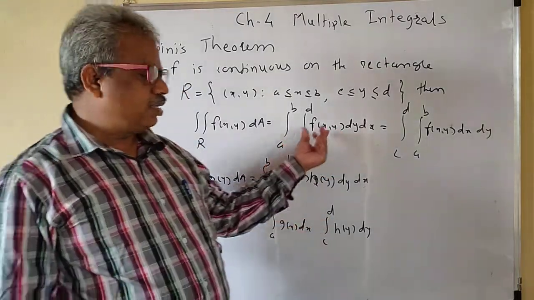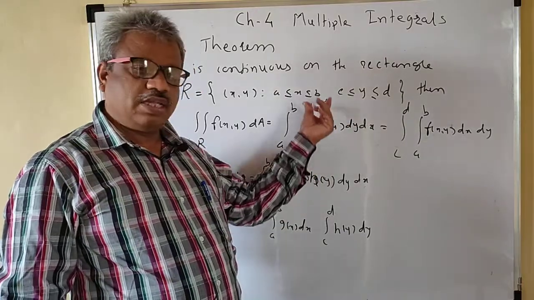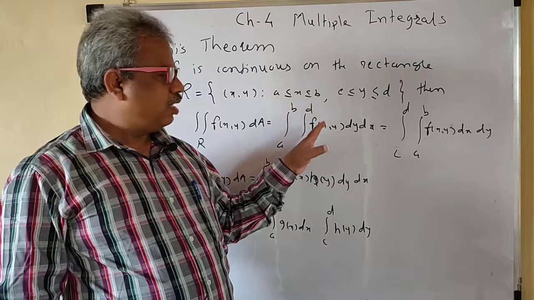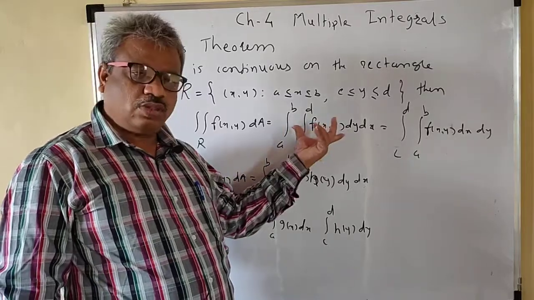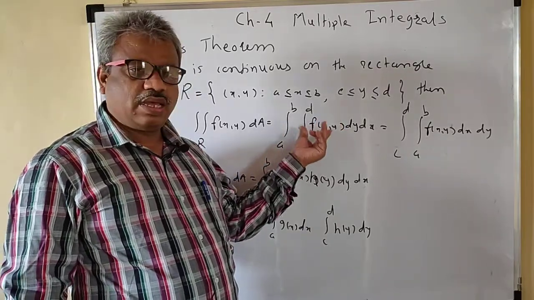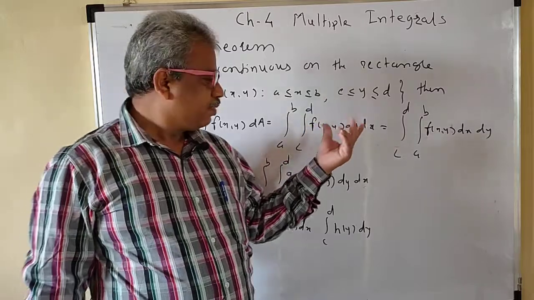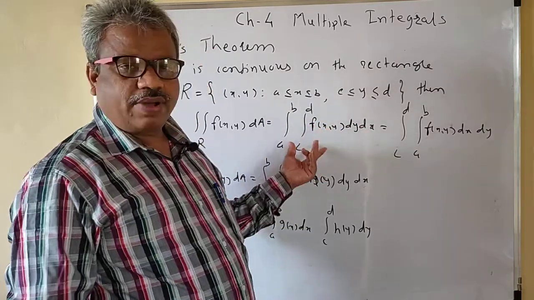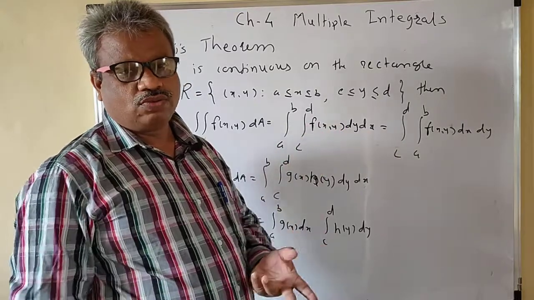After putting in the limits y = c and y = d, only a function of x remains, and you integrate that with respect to x by the usual formula.